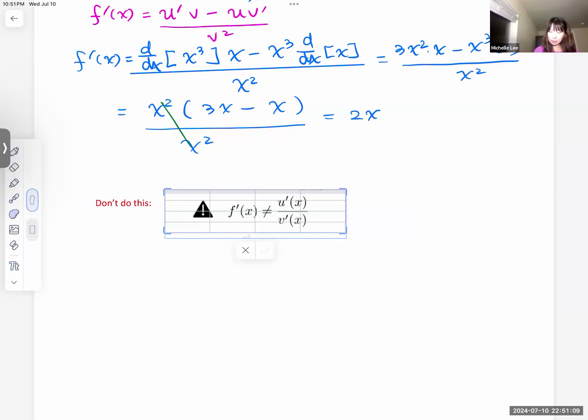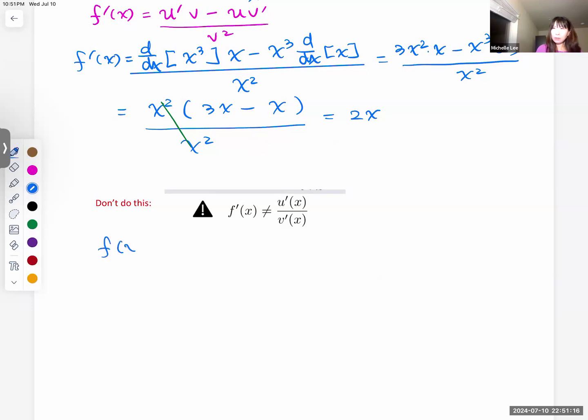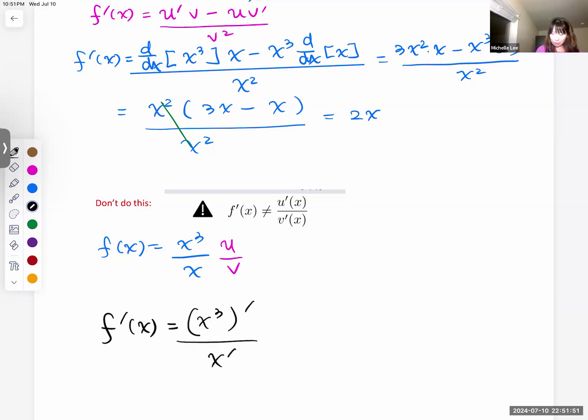So f of x equals x cubed over x, that's u over v. Then f prime of x would be u prime over v prime, which gives 3x squared over 1, which is 3x squared.